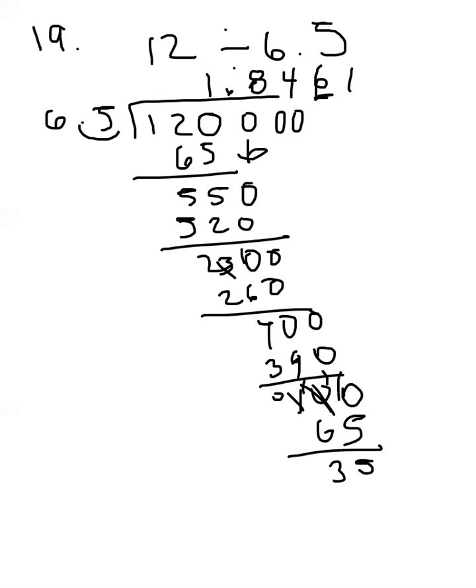So we see that it's continuing. So we're rounding anyways to the thousandths place. So it'll be this digit right here, the 6. Looking at the 1, it's smaller than 5. So our answer will stay 1.846. Okay.